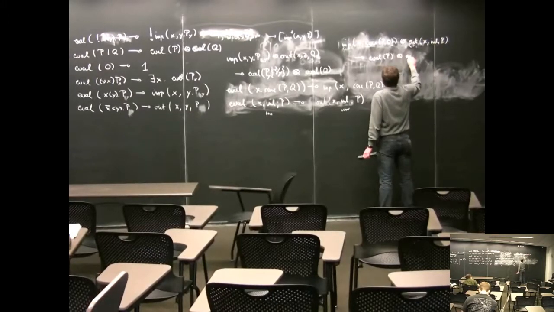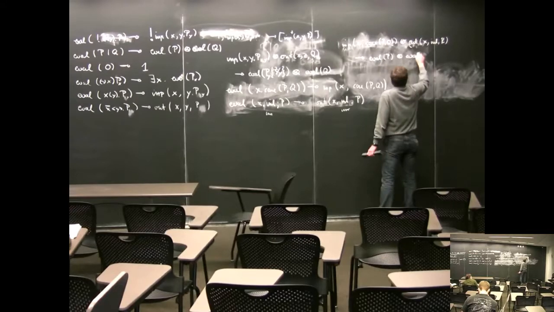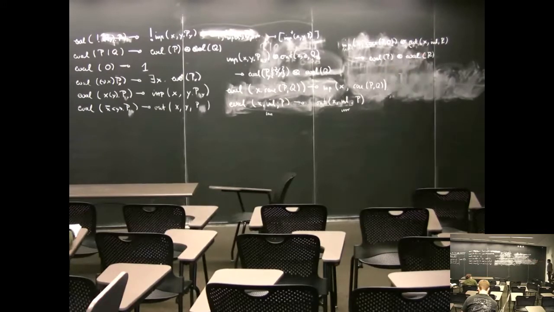Eval P and evaluate R. Okay, we also had this thing with the zero-arity input for 1, but let's skip that. Okay. So does that make sense as a semantics?